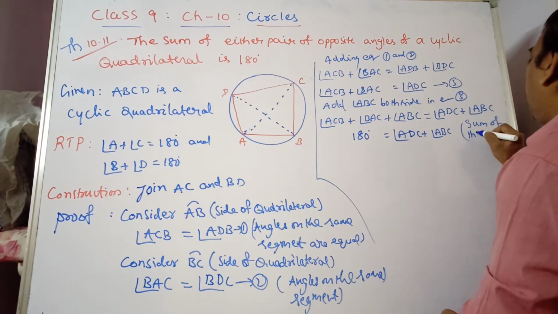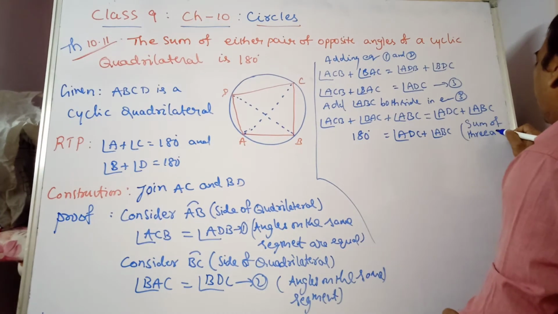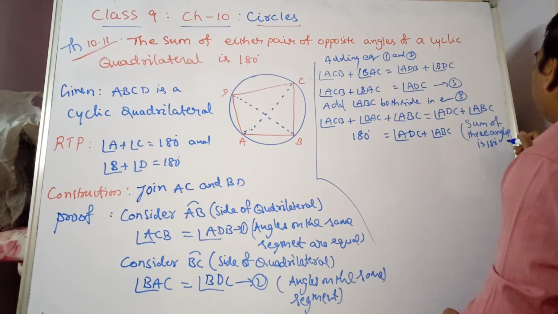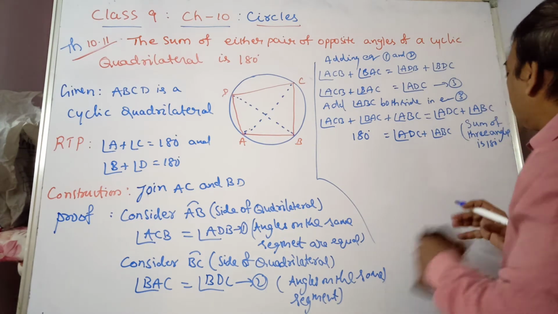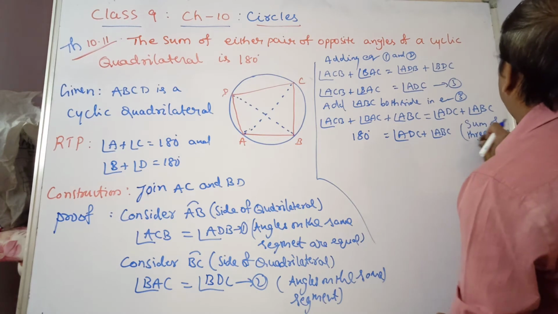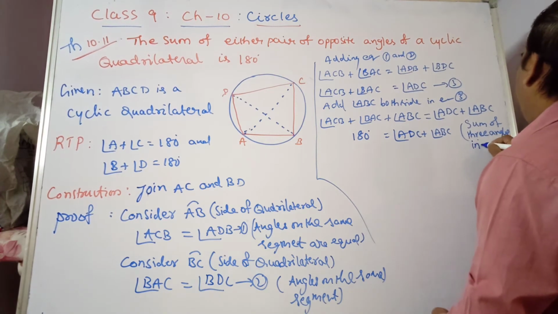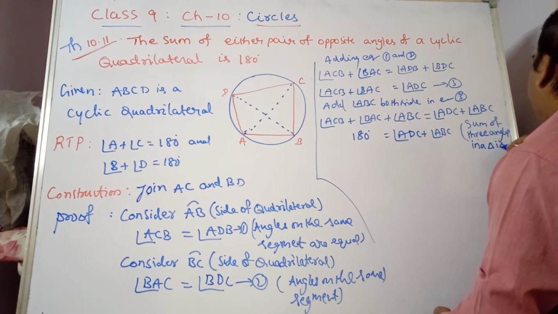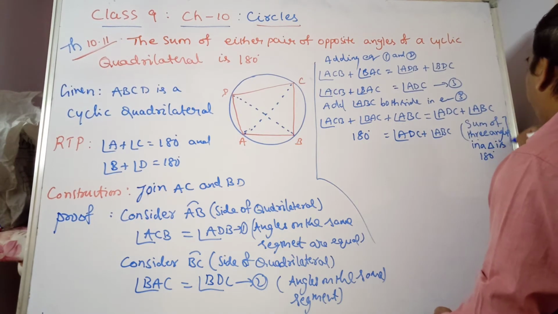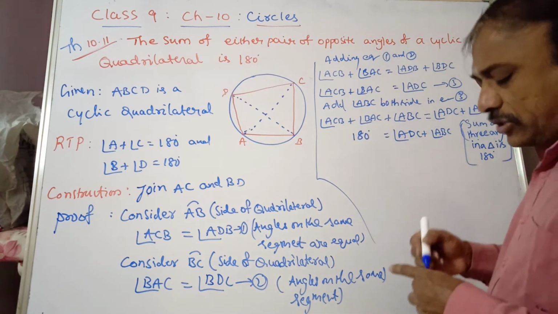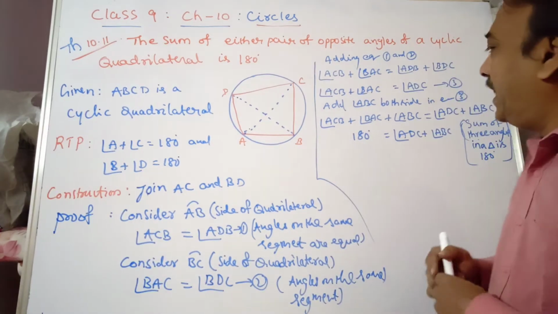Reason: sum of three angles in a triangle is 180 degrees. That reason we can write here. You observe it here, this is the reason why we wrote these all three together is 180 degrees.